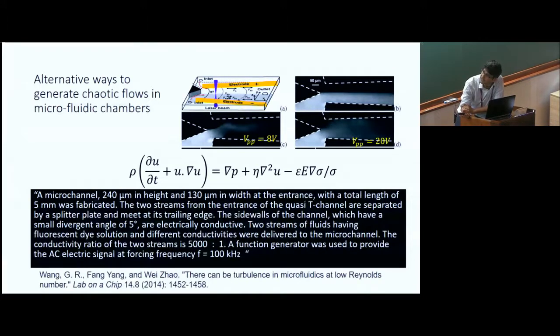They mixed two channels at the same temperature of the same liquid, but one having more ionic concentration than the other. So you have a jump in the conductivity up here. That's a low conductivity system, and this is a high conductivity system. If you apply about 8 to 20 volts peak to peak at roughly 100 kilohertz, then you can get mixing in this kind of system.